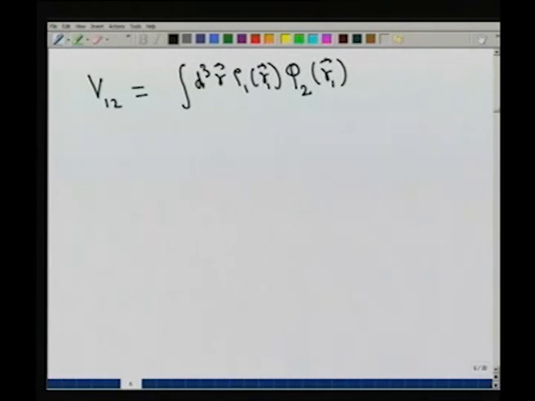Now, I know that there is a certain charge density rho 1 and whenever there is a charge density rho 1, it produces its own electric field. So, we ask the question, is it possible to eliminate all references? Please notice what I am saying. Is it possible to eliminate all reference to the charge and write the potential entirely in terms of the field? That is the question that I am asking.